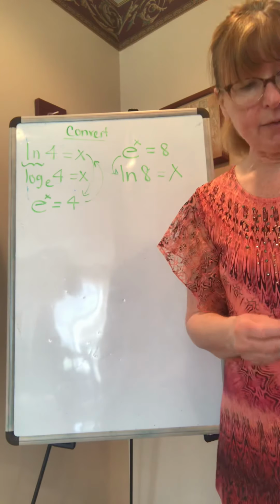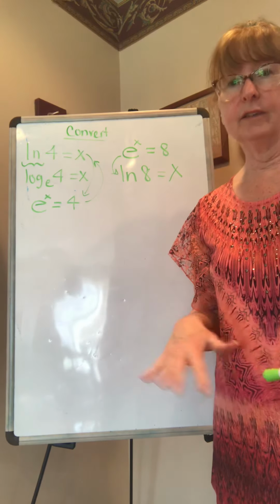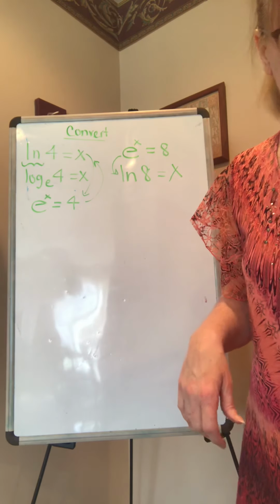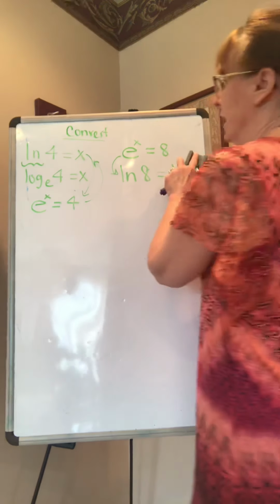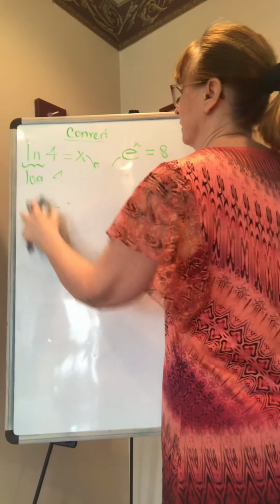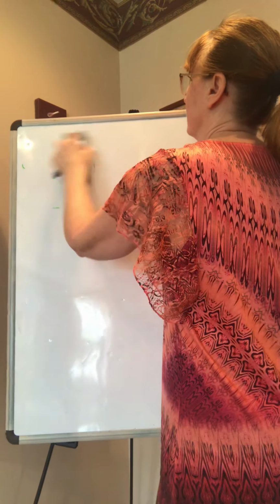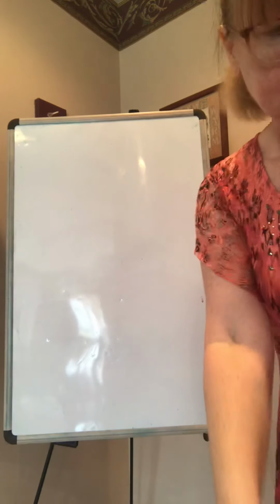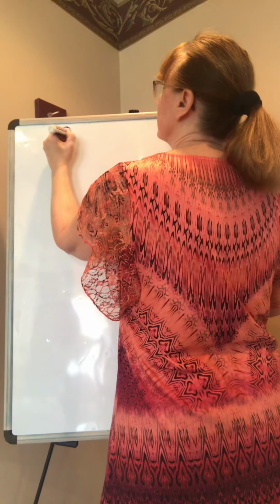Let's talk about how we can use this to solve little simple equations. So, the first simple equation, number 1, natural log of x equals 10. So, we're solving now.